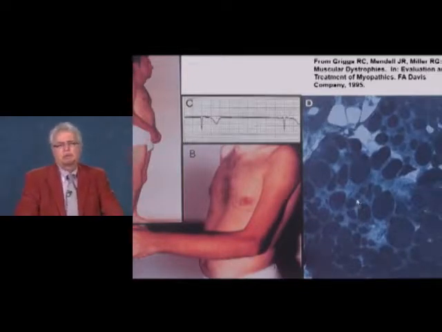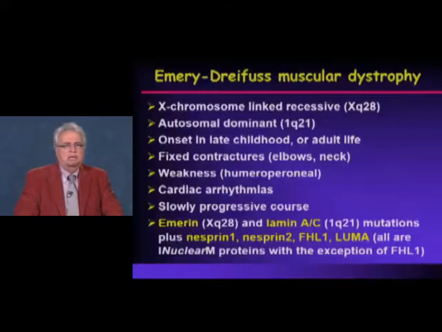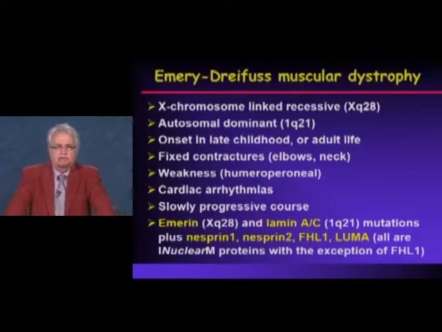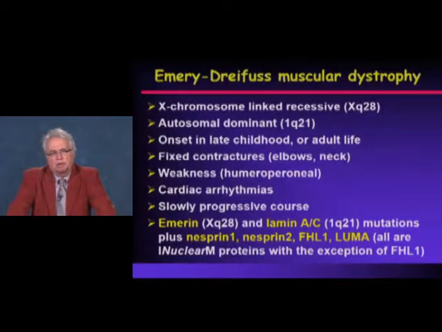And as time goes on, the biopsy looks more and more dystrophic. It is an X chromosome-linked recessive condition, but it can also be autosomal dominant with onset in late childhood or adult life. You can have fixed contractures at the elbows and neck, as I told you earlier. The weakness tends to be humeroperoneal.